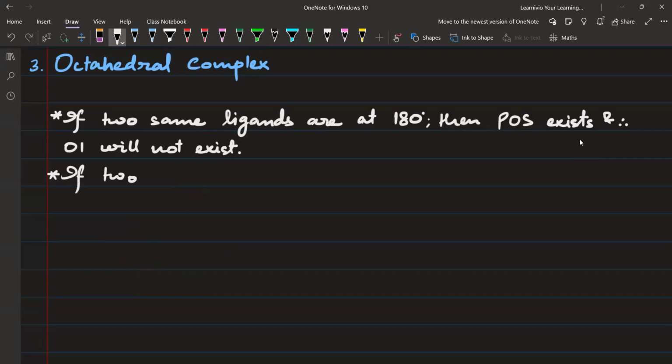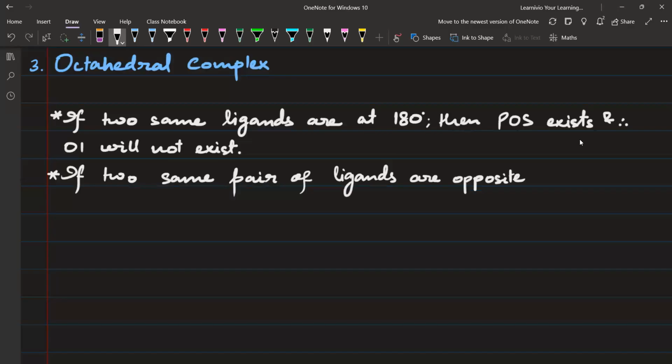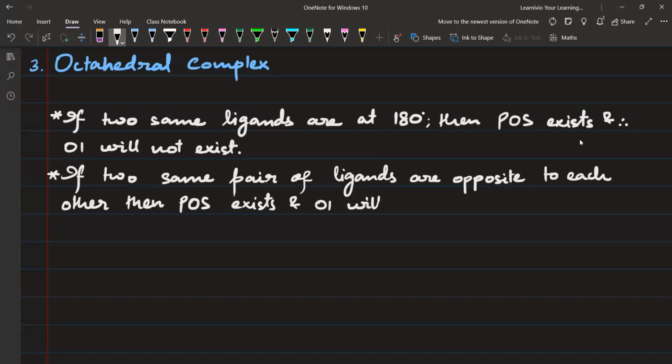If two same pairs of ligands are opposite to each other, then plane of symmetry exists and optical isomer will not exist.